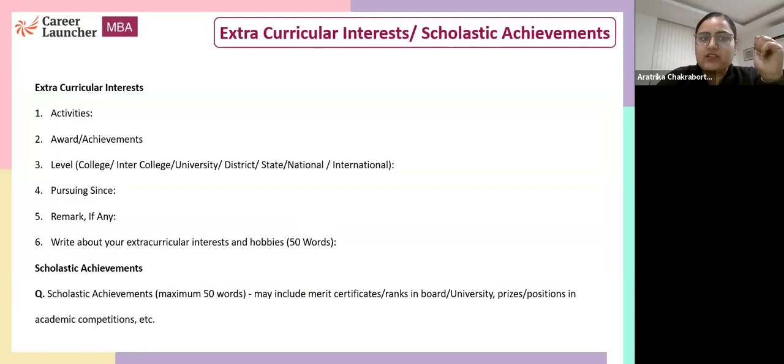Okay. Scholastic achievements may include merit certificates, ranks in board, university. Again, if you have ranks in boards, somewhere there will be some proof, some mail or some award, even a memento or something. I kept my memento from when I came first. I clicked a snap of the newspaper cutting that I have, because I was first in the state in Northeast.